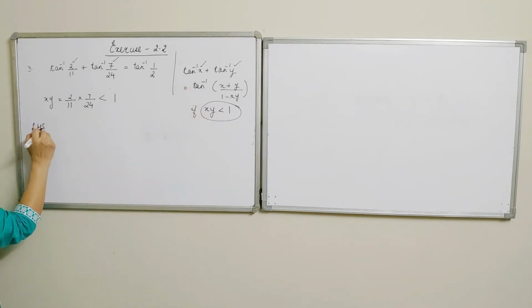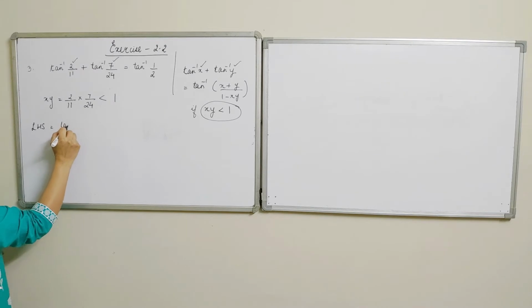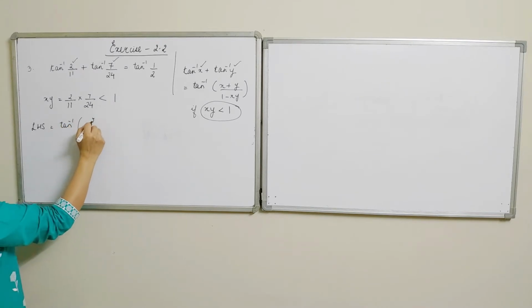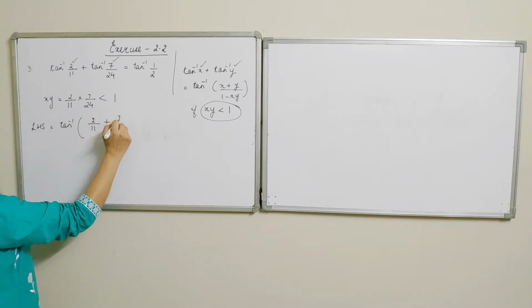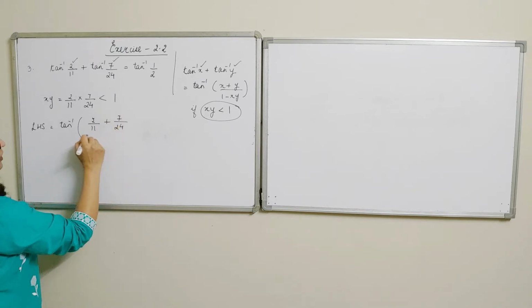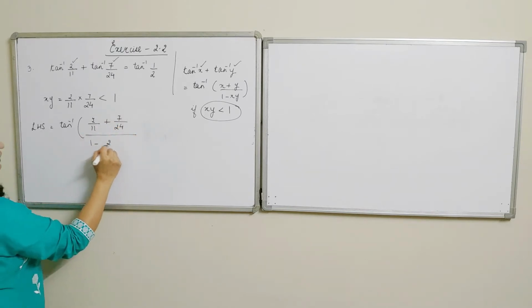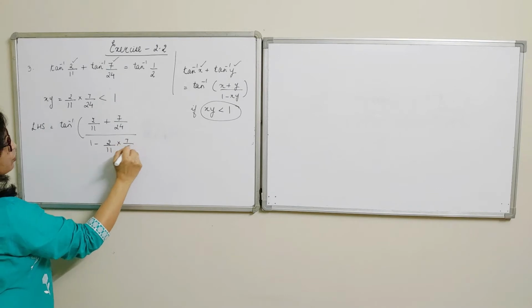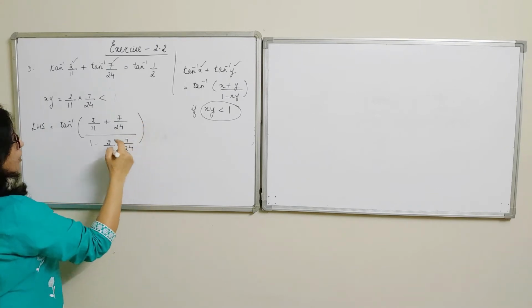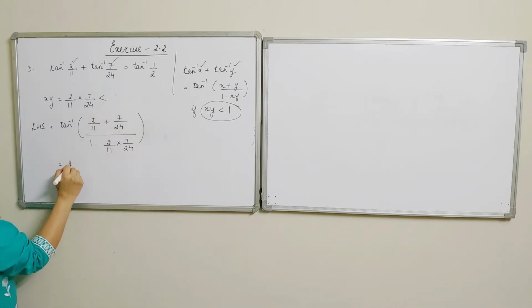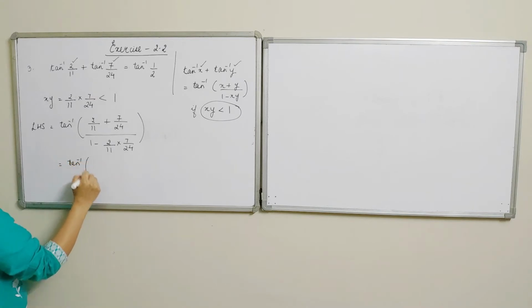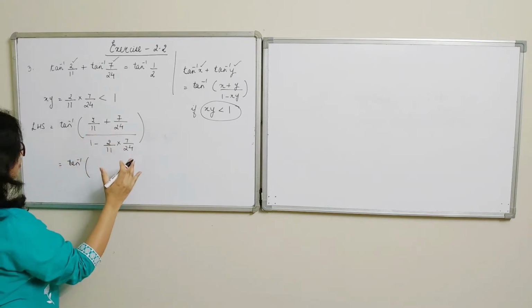So the left hand side can be written as tan inverse of x plus y upon 1 minus x into y. Here if any cancellation is possible, I am simply avoiding it, taking LCM and simplifying.